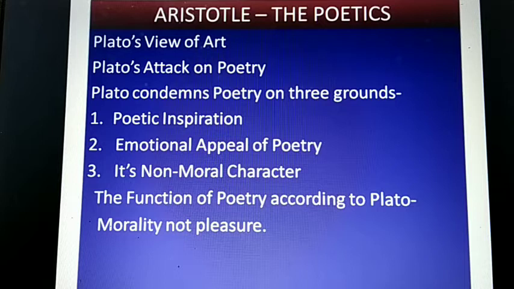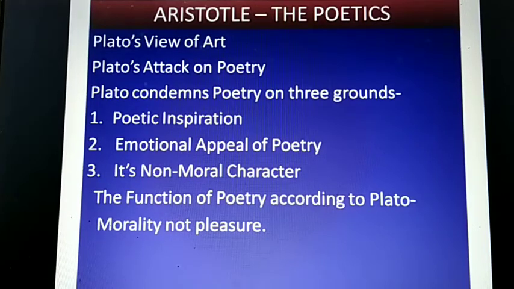Being concerned with only a semblance of them, art is twice removed from reality. And under the following grounds, Plato condemns poetry. The first is poetic inspiration, the second, emotional appeal of poetry, and third, its non-moral character.